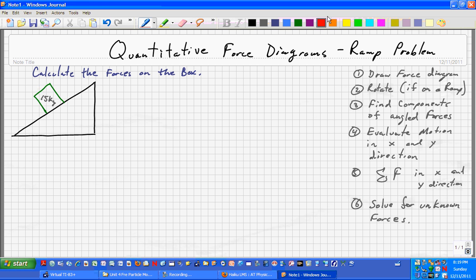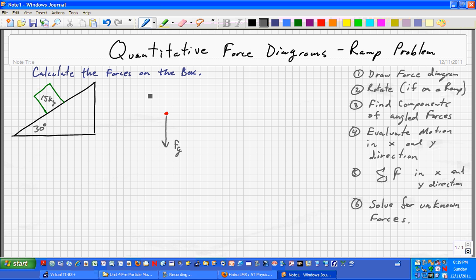So the first thing I want to do is draw a force diagram. So here's my box, and I've got the force of weight acting downward, and I've got the normal force acting at an angle. You know what, I forgot to throw in an angle. Let's make this a 30-degree angle.